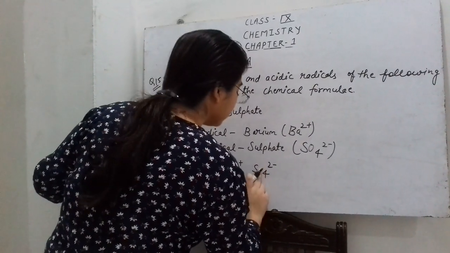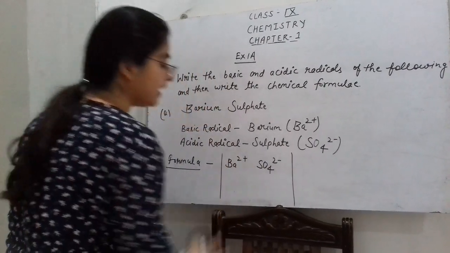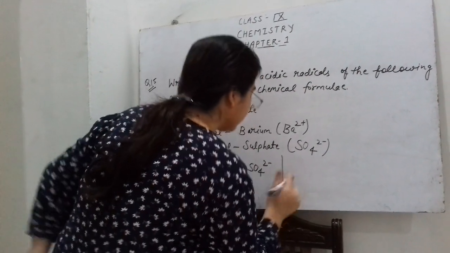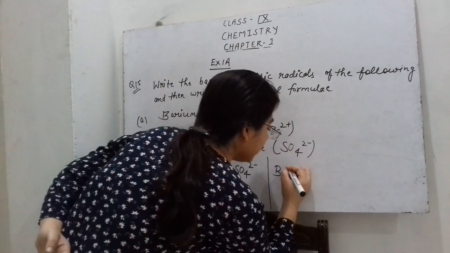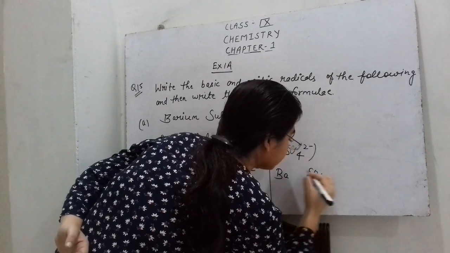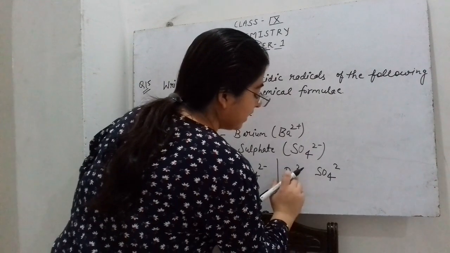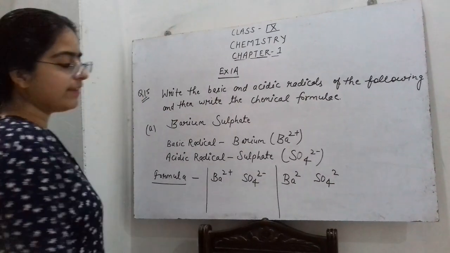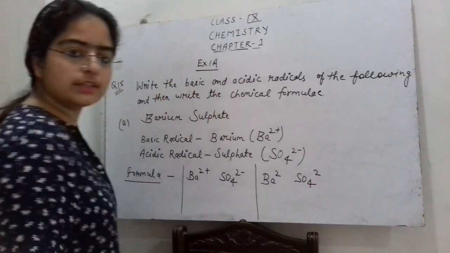Now these are the basic and acidic radicals which we have written. The symbols we have written with the charge. Now we will write the symbols and we will ignore the plus and the minus sign here. The valency is 2, and here also the valency of sulfate is 2, and therefore the highest common factor is 2 here.